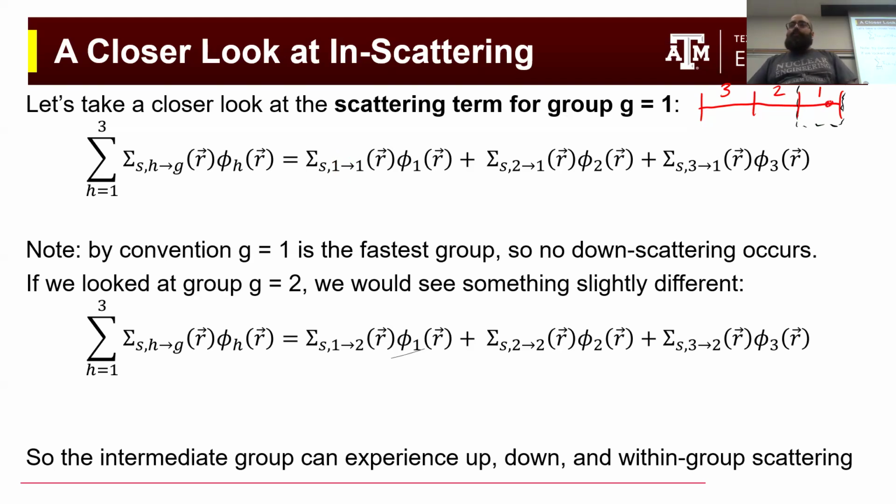So the neutron starts in group 1 and has some kind of scattering reaction that just kicks it back into the same group. Maybe it's a collision where the neutron doesn't lose much energy or any energy. If you stay in the same group that you started with, we call that within-group scattering. So that first term represents within-group scattering because I'm starting and ending in the same group.